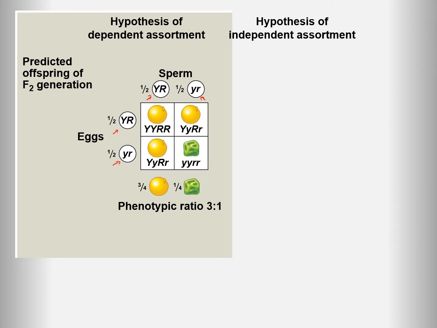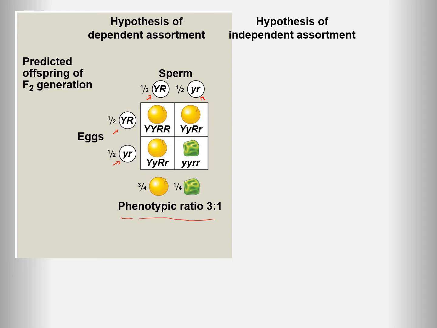And if that was the case, what Mendel should have observed is a phenotypic ratio of 3 to 1, which is the same that he observed in the monohybrid cross. So if the two genetic decisions are linked, the one for color and the one for shape, then the dihybrid cross experiment should come out the exact same way as the monohybrid cross.